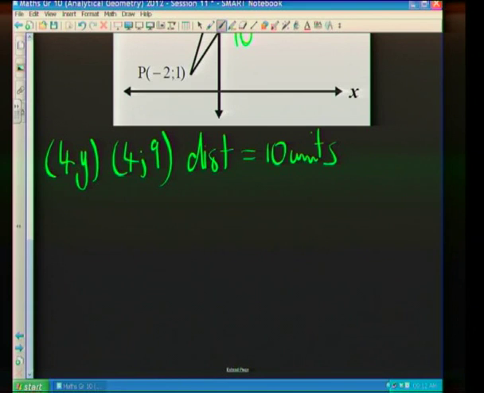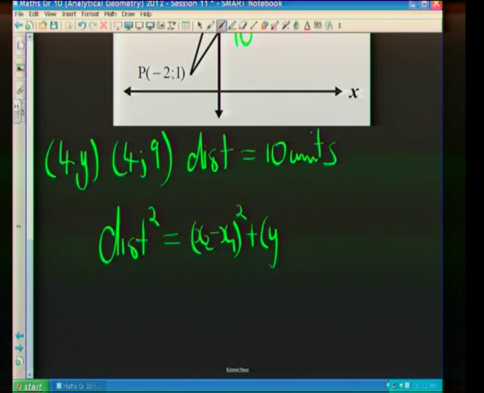Right, so I'm going to use the distance formula, but squared both sides straight away. So I'm going to omit the square root altogether. You don't really have to write down the distance formula, but in the beginning, maybe that's a good idea.